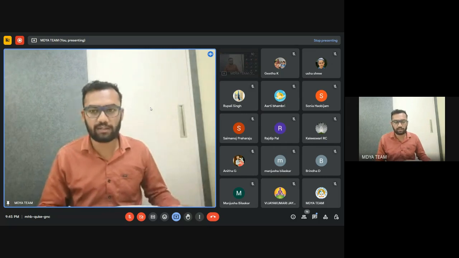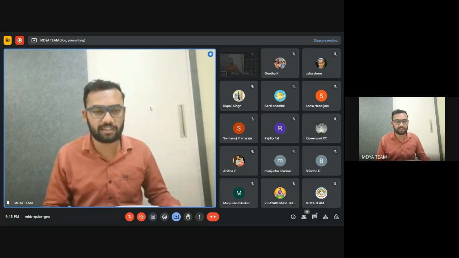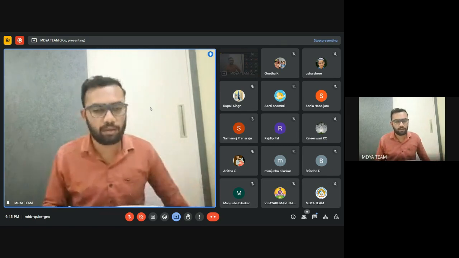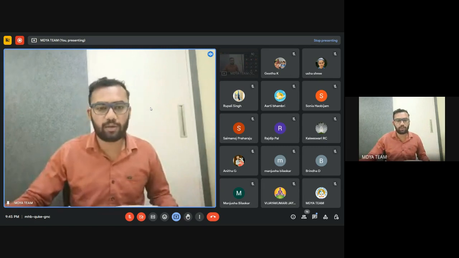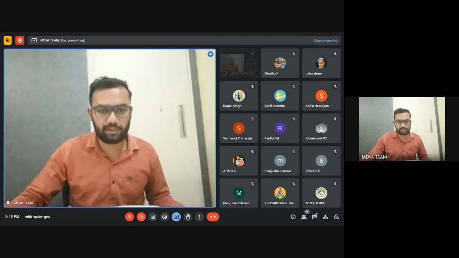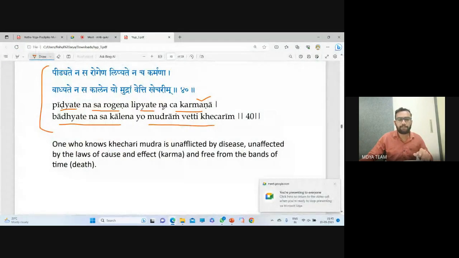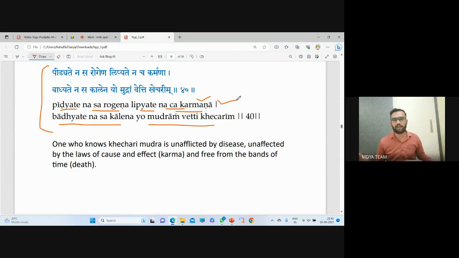That's why Urvashi came and disturbed him, because it is the common weakness of man, sexual activities. And here he is telling, Lipyate karmana: if that yogi is engaging himself in sexual activity also, that will have no effect on his sadhana, on his practice. He is telling that kind of lines here.